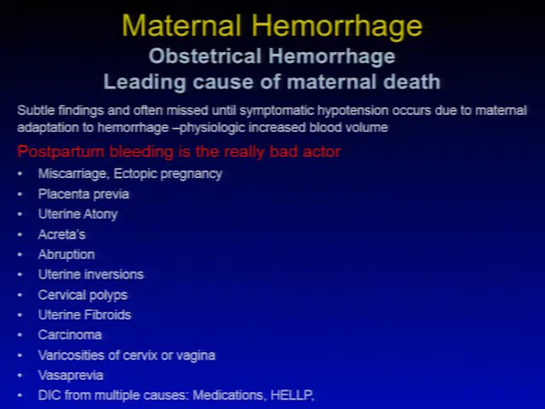Maternal hemorrhage is a leading cause of maternal death, but there are certain intrapartum situations that are associated with maternal hemorrhage, and these include the presence of a placenta previa, presence of an abruption, vasa previa, or the presence of some sort of accreta during the pregnancy.